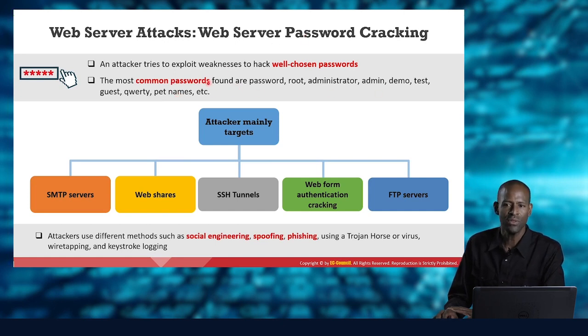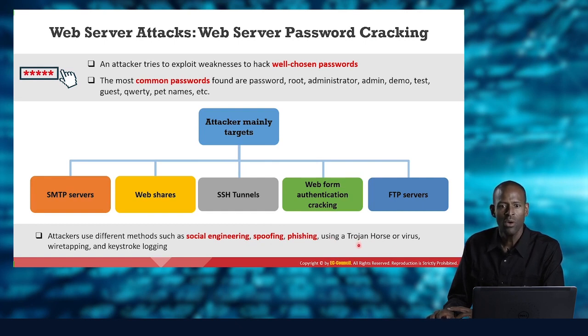And so what the attacker does is targets things like SMTP services, web servers, like we saw before, SSH tunnels, web authentication forms, cracking those. And if there's an FTP server, those can be very crackable, and they can use many different ways to get these passwords. Sometimes it's impossible to grab the password from the web service stack, so you just ask somebody, social engineering, or do some spoofing or phishing, or maybe even upload some malware like a virus or whatever.